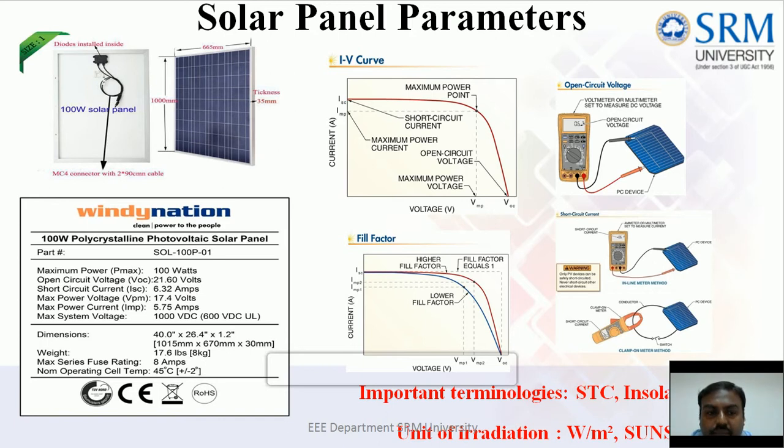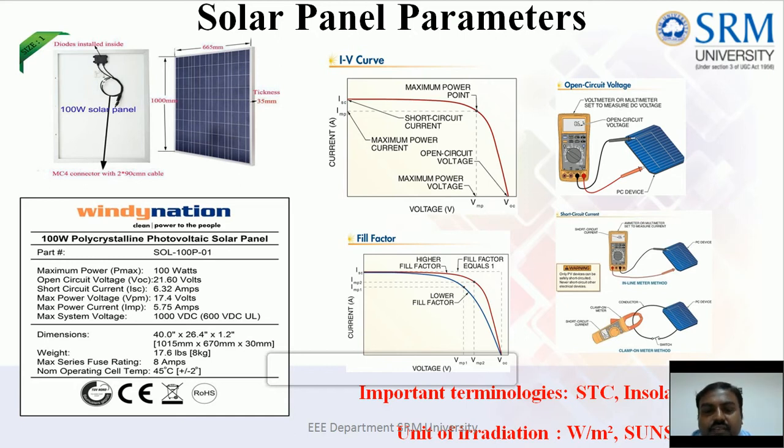For example, in this 100 watt panel, you can see the maximum power, 100 watts, its open circuit voltage, the short circuit current, maximum power voltage, maximum power current, and maximum system voltage. These data are taken for standard test conditions called STC.